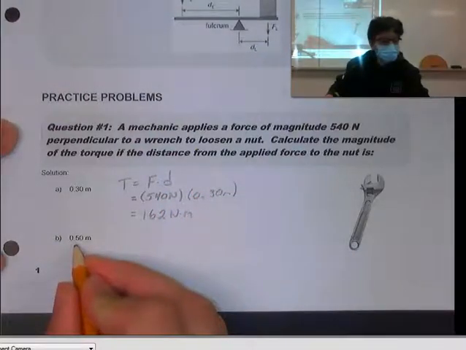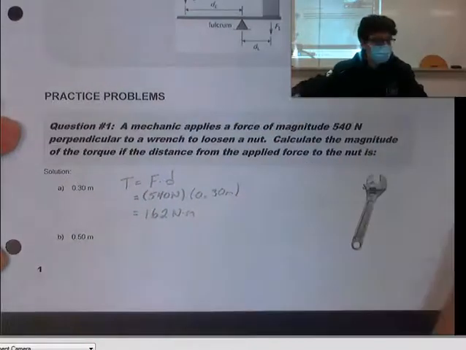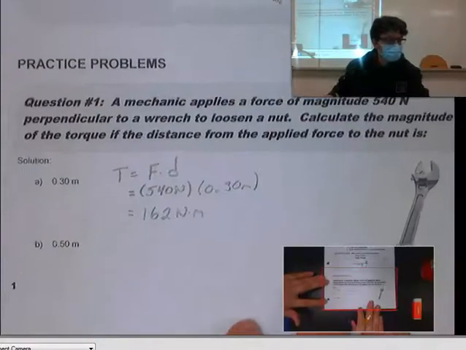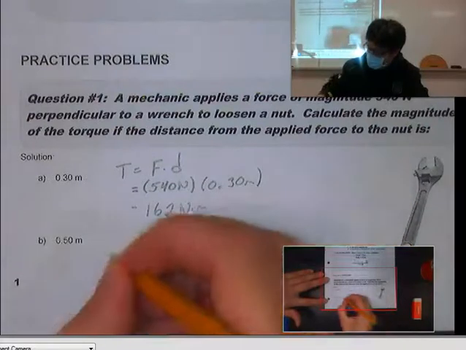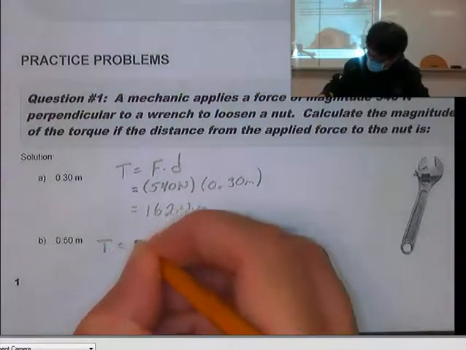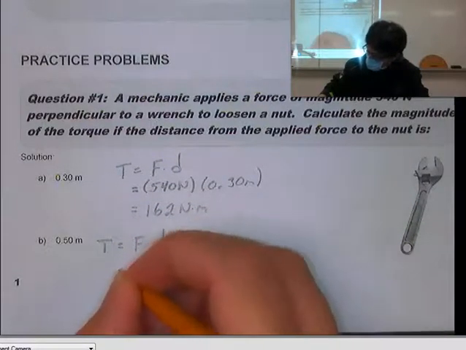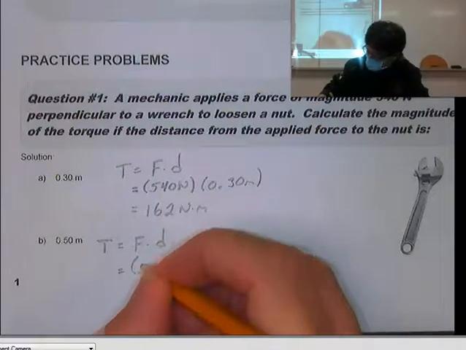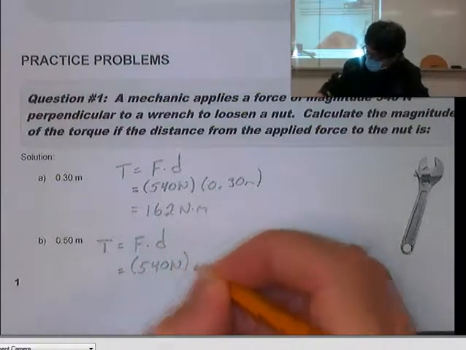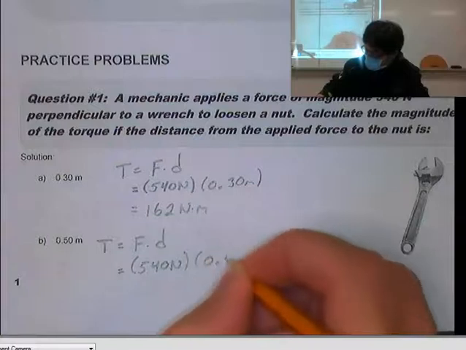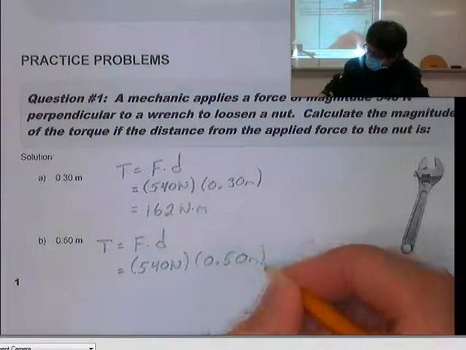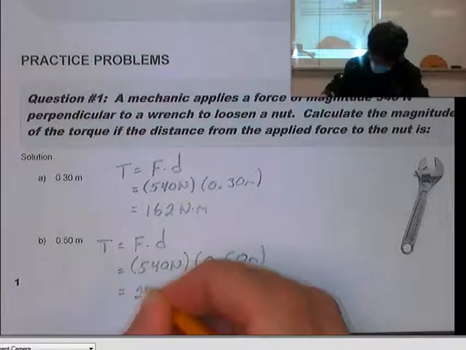If we do the same thing for 50 centimeters, or 0.5 meters, we do force times distance. Force is the same. Distance has now increased, and with an increased distance, we get a greater torque.